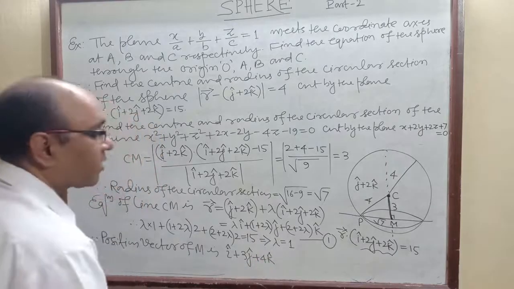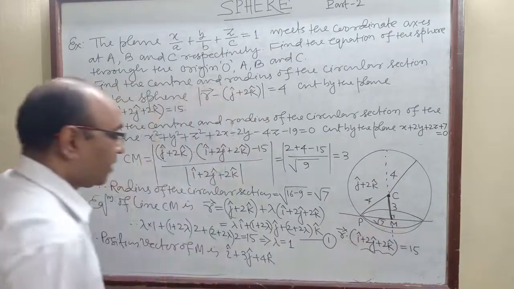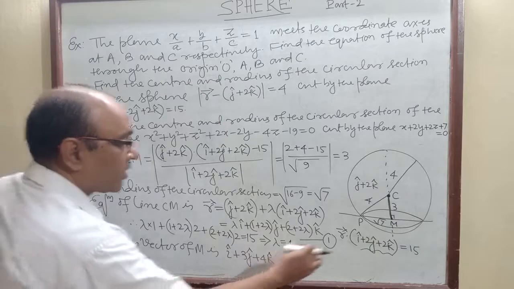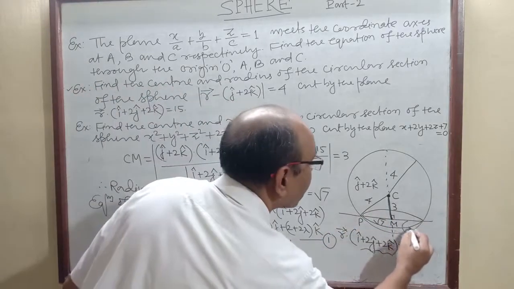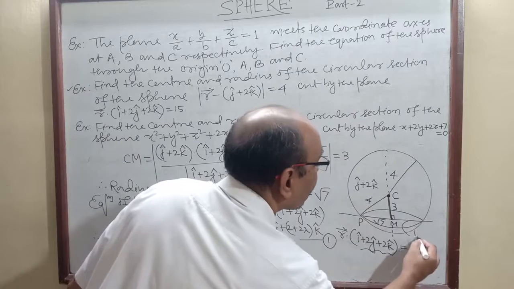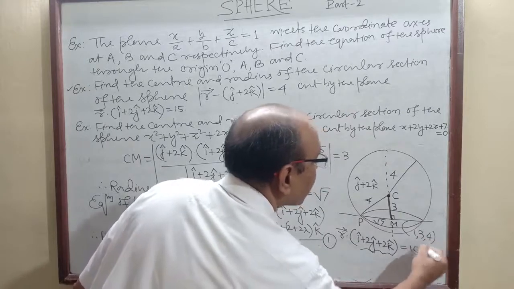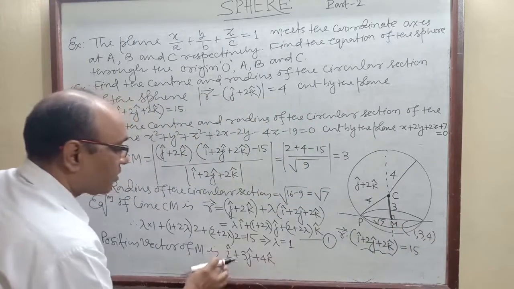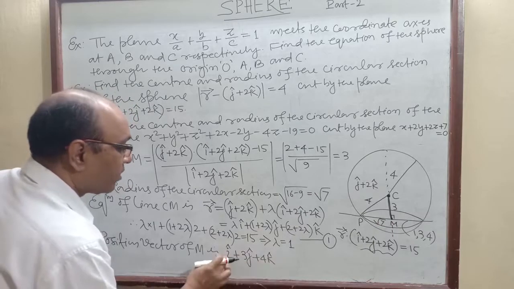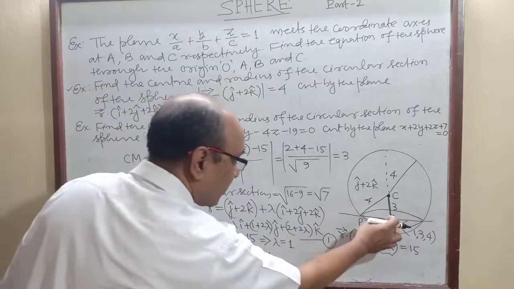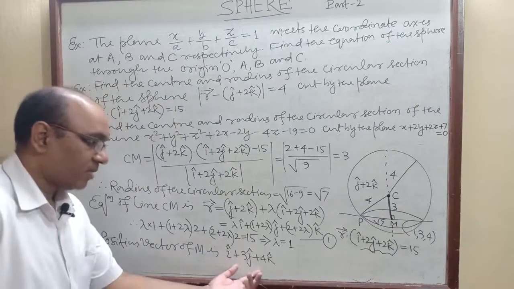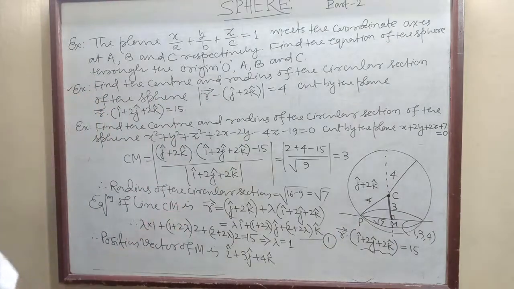If the position vector of this point is this, then obviously the point is 1, 3, 4. So 1, 3, 4 is this point, or in vector form, this is the position vector of M. In this way we can find the radius as well as the center of the circular section made by the plane on the given sphere.